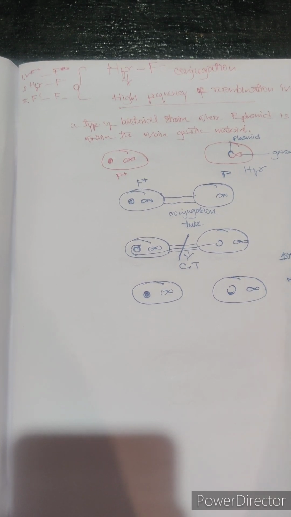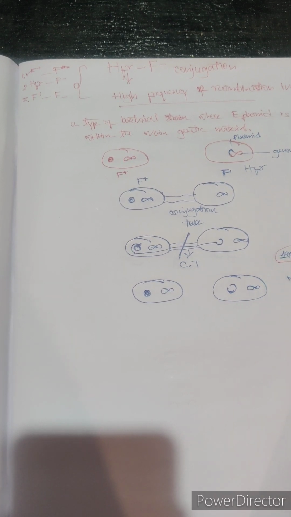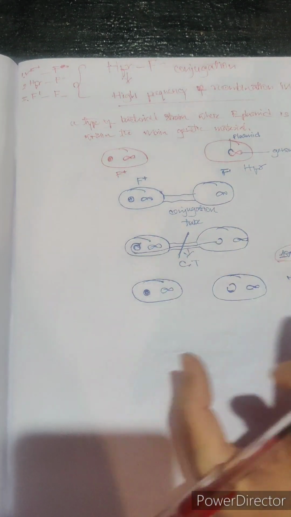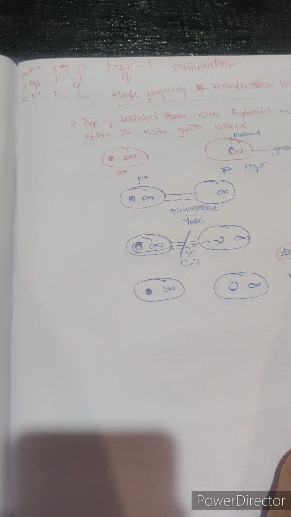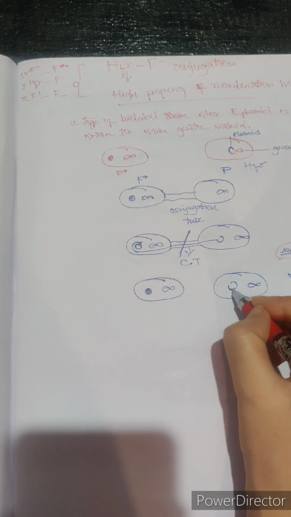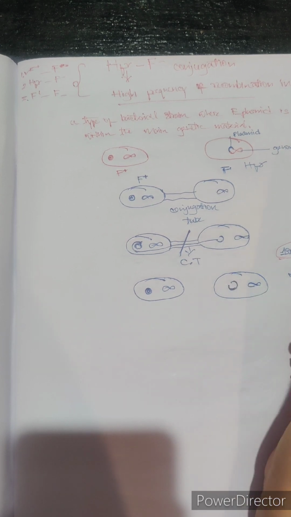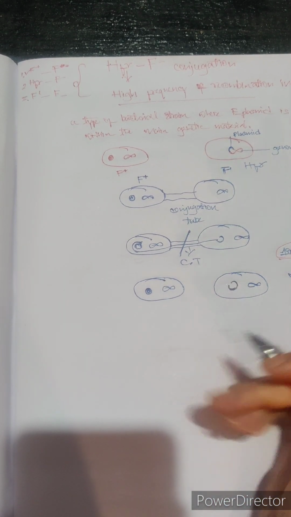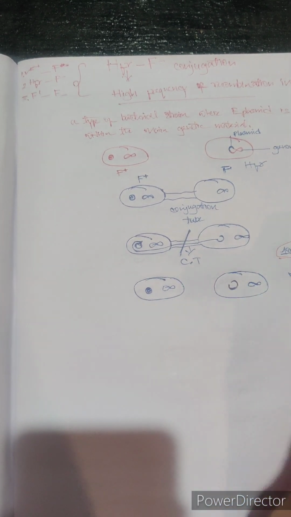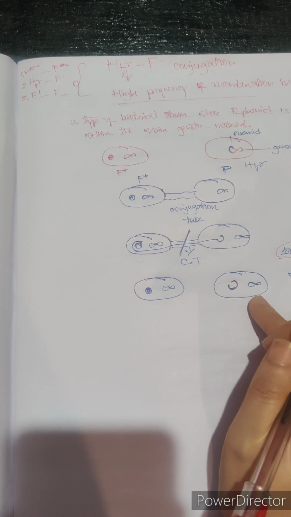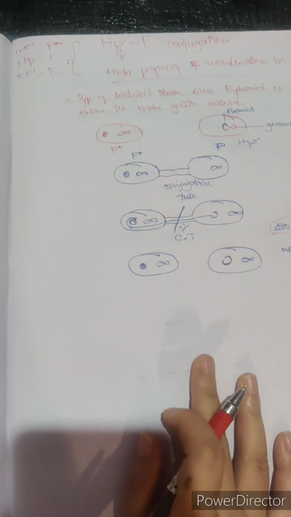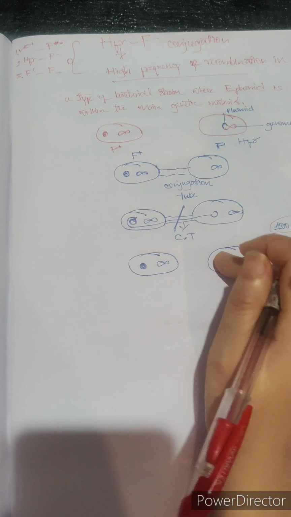The minimum time required for the conjugation tube is 100 minutes, but due to various reasons the conjugation tube breaks down, and because of that, the whole of your F plasmid is not transferred. Only a portion of your F plasmid is transferred. So this is how the genome of the other bacterial strain will look like.